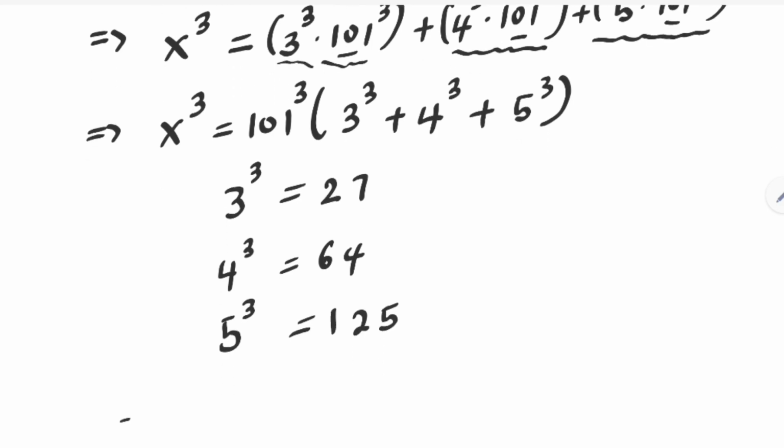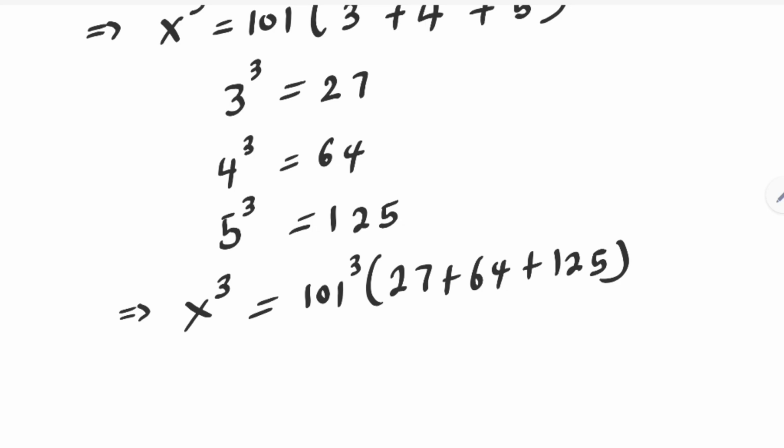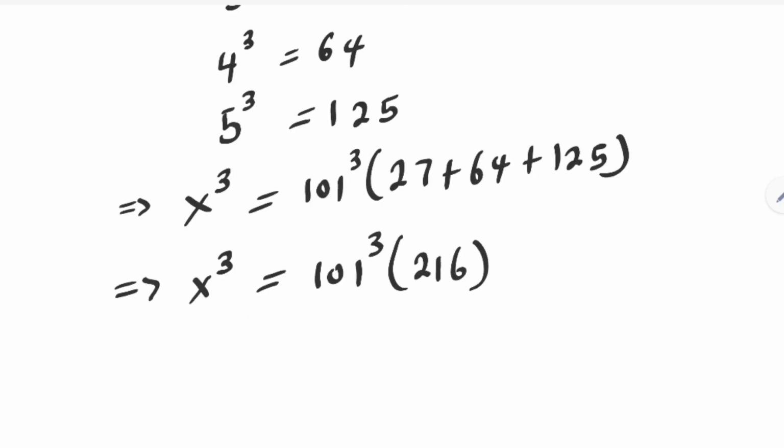Then we have x raised to the power 3 is equal to 101 raised to the power 3 bracket 27 plus 64 plus 125. x raised to the power 3 is equal to 101 raised to the power 3 bracket 216.